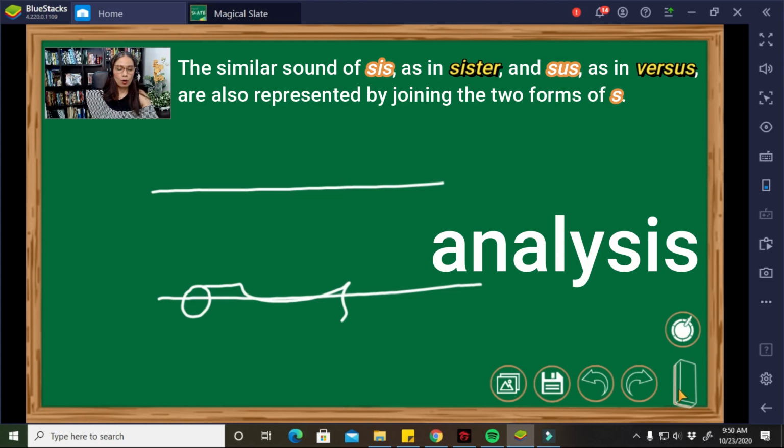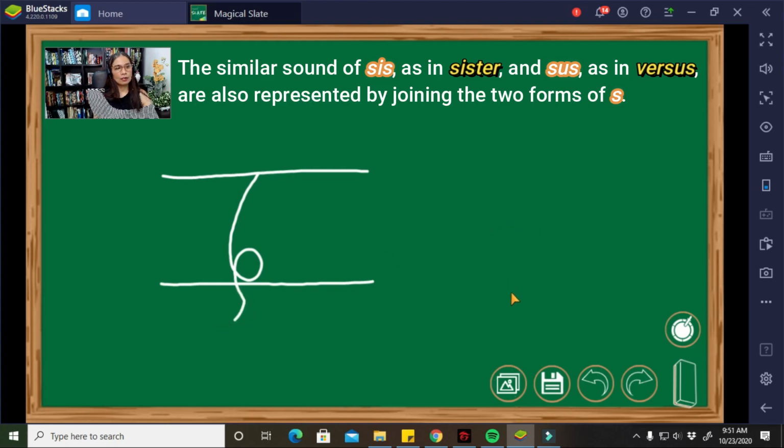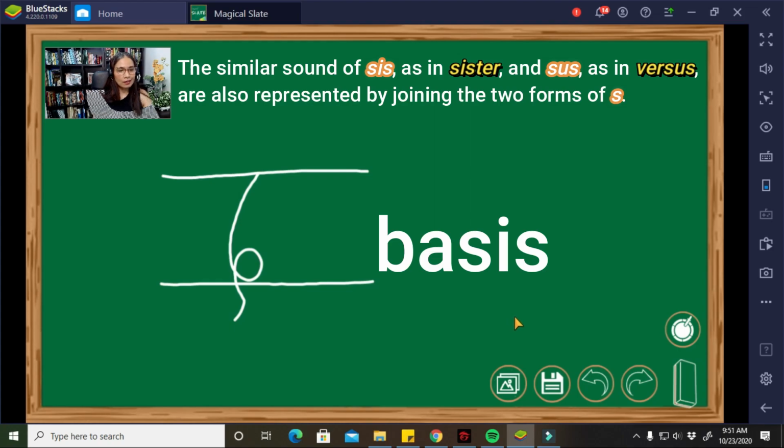Analysis. Okay. Next example. Let's put a line again. Okay. So you have here the downward curve. Alright. And a big circle. Then the two forms of S. The word is basis. Very good.